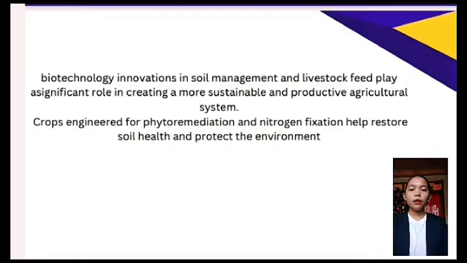Second is enzymes. Feed additives help break down complex nutrients. And lastly is genetically modified crops, engineered to produce specific nutrients or traits that improve animal productivity.